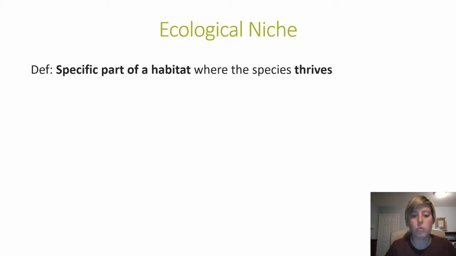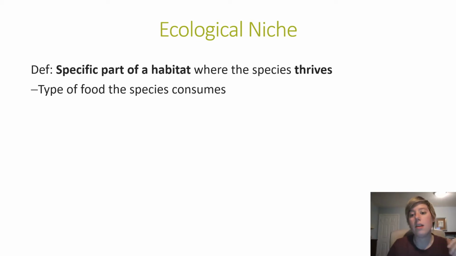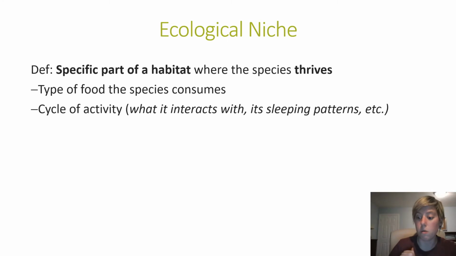And what's really important about ecological niche is that you don't have two species that will have the same ecological niche, because if you have that, they're going to be competing for the same resources. So in the ecological niche, it includes the type of food that the species consumes. It includes its cycle of activity.